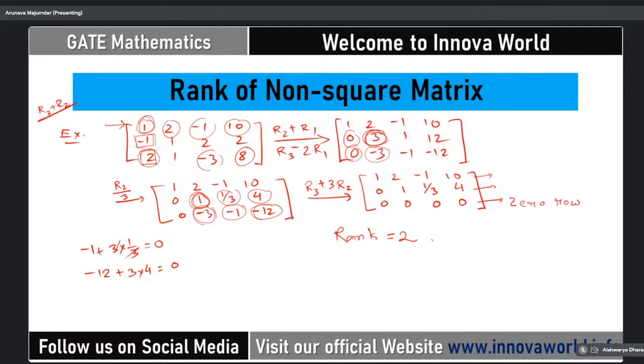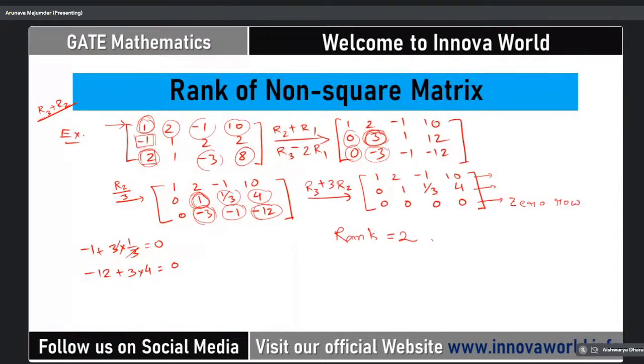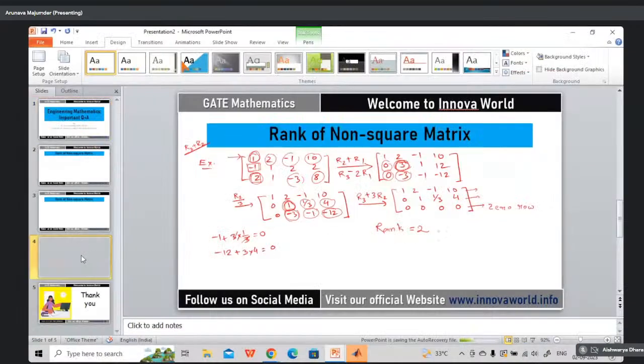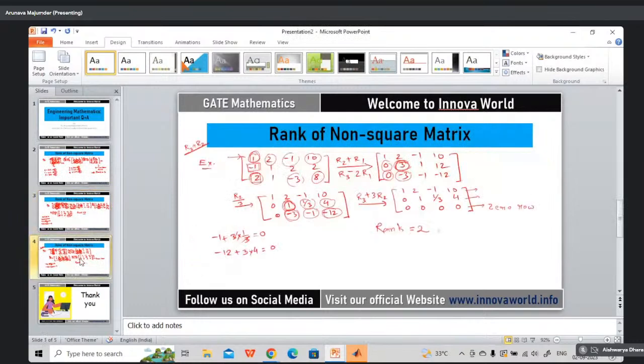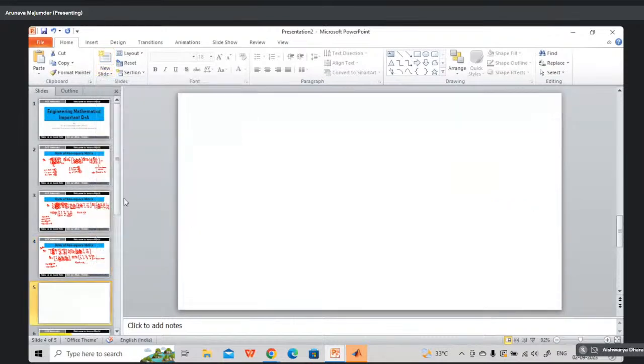Okay, so let us add another slide here. Now we are going to give you an example of how to solve the system of linear equations.